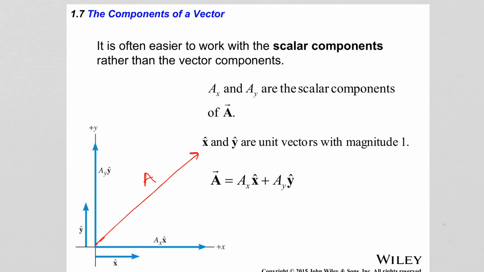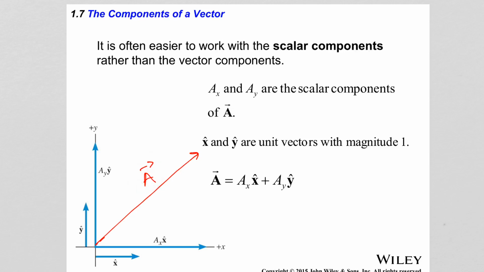And I'm not drawing the entire vector because I don't want to get into the writing there. So this vector a can be presented as the sum of the vector components ax and ay, as I did show you 2 slides ago. And so each vector component can be presented as a scalar component times the unit vector. And thus, the vector a can be written as ax times x hat plus ay times y hat, where ax and ay are the scalar components of a.